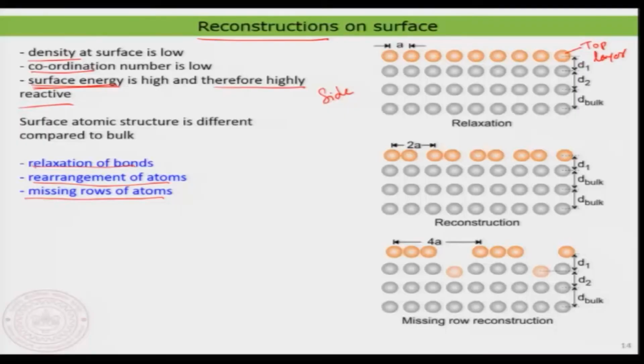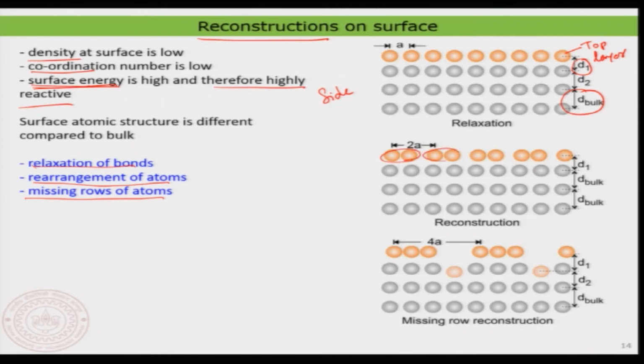So, that means the distance between the top layer and the second layer is always lower compared to the bulk. This is the simple relaxation of the atoms within the surface. This is the first thing it does, or the atoms can be slightly rearranged, and that is exactly what you are seeing here.